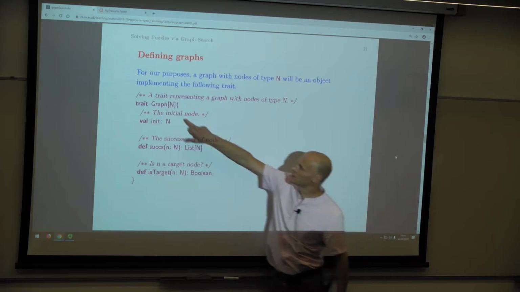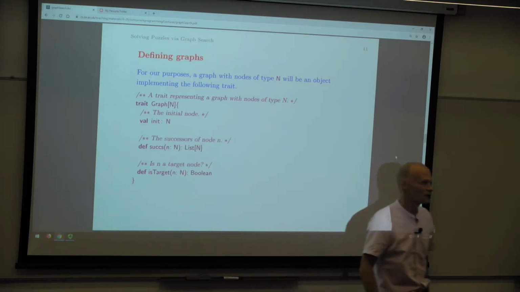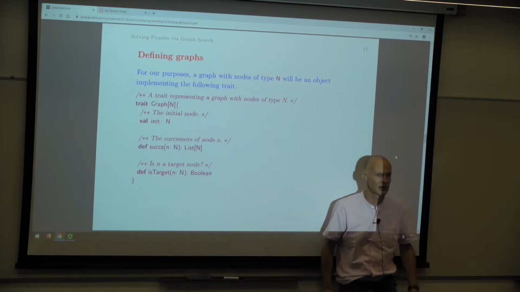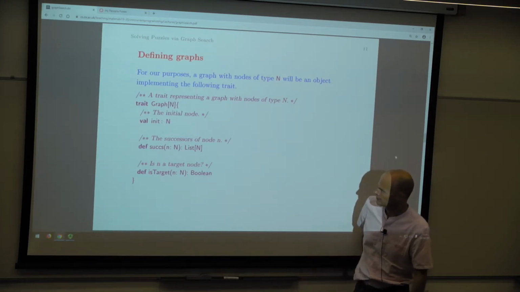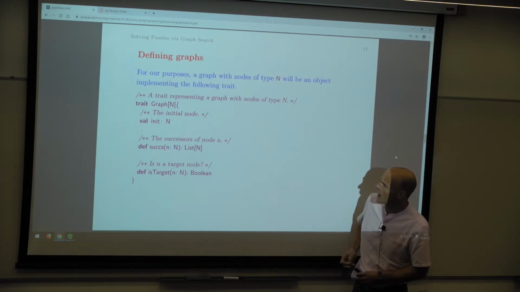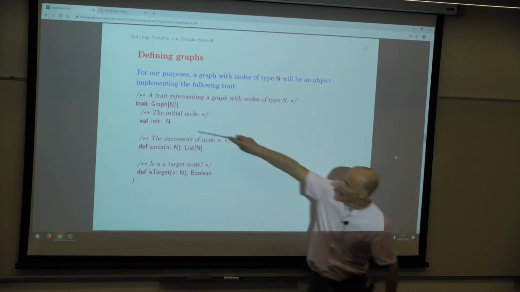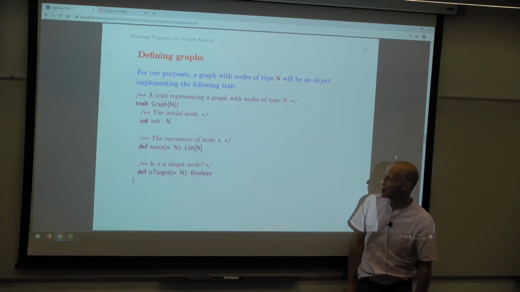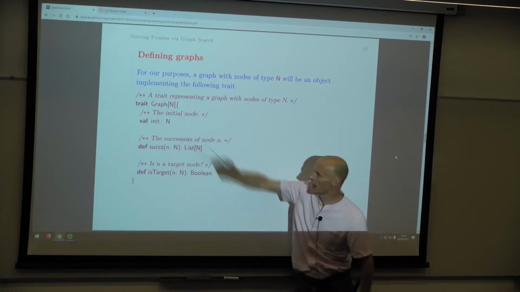In particular, the graph is going to be parameterized by the type of nodes. So throughout this, capital N is going to represent the type of nodes. We've seen different graphs with different types of nodes. So for our purposes, a graph is going to be something that, first of all, has an initial node. So init is just going to give the initial node of the graph. It's going to be a node of type N.